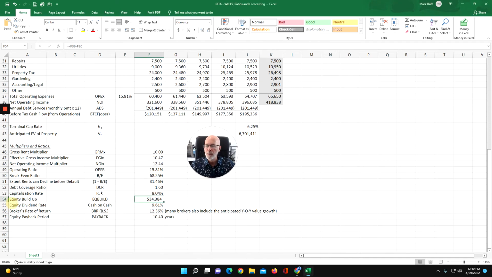All right, the equity dividend rate, this is basically the cash on cash return. This is a 9.61%. This is basically for my down payment and for the closing costs that I'm depositing in the deal to close it. For that, what am I getting as a return for my first year? And in this instance, we're getting a 9.61% return.